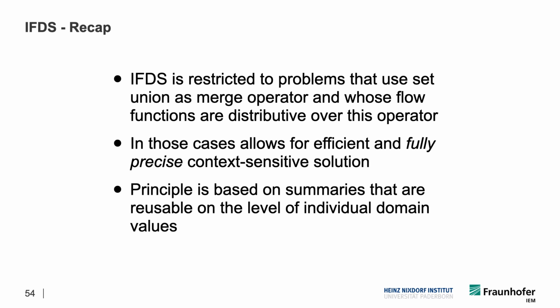You are saying as long as there exists any path that leads to this node, the node is reachable. And that's exactly the union semantics that you get here. So it's really by the construction of that graph that you get set union here, and that you are restricted to using set union. And if you wanted to use another merge operator, you could not simply use graph reachability because it simply wouldn't fit that problem anymore.